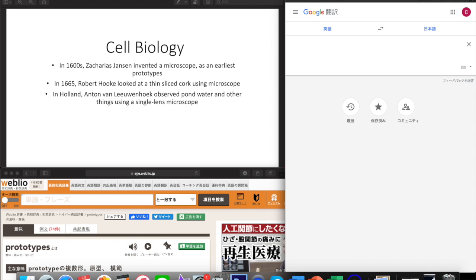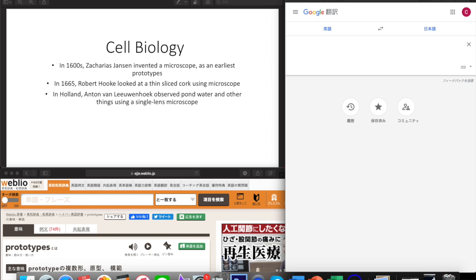In this time, this microscope, what was its function? The function was only high magnification, and it was only used with the naked eye.